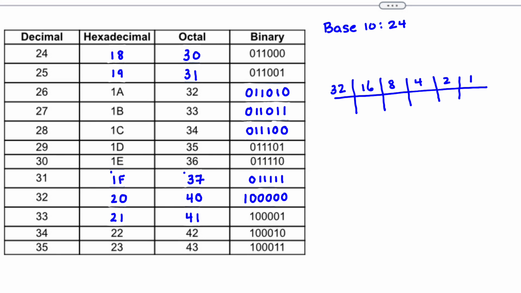When we have a 1 followed by 5 zeros, that means one group of 32, no 16s, no 8s, no 4s, no 2s, no 1s. So that makes sense, and we're at 32, so perfect. So that's how you do that problem.